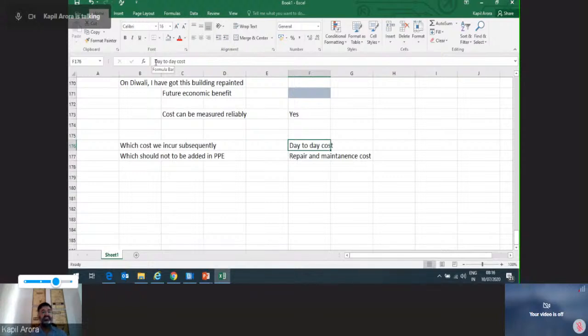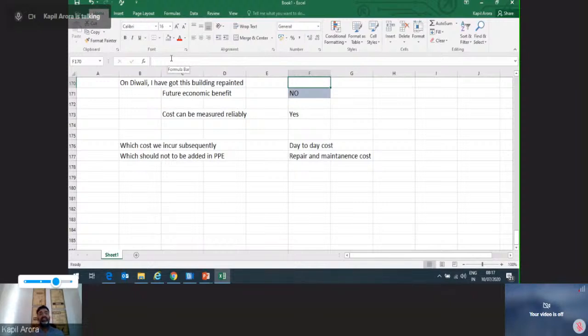But are these going to give me future economic benefit? For that, we need to see whether repaint of the building is a maintenance expense or is it an additional asset which we are adding to the building. Generally repaint would be considered as the maintenance part.